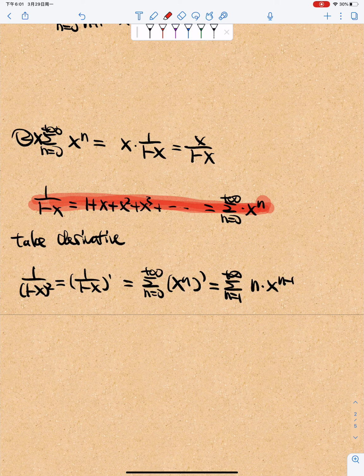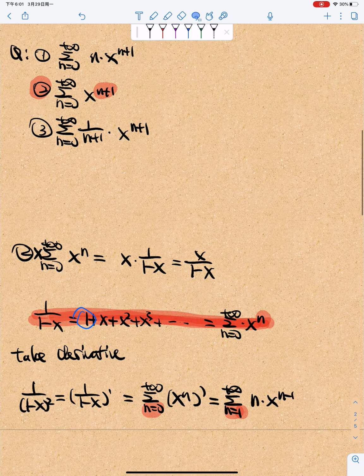Notice that I'm shifting the bottom part from n equals 0 to n equals 1. That means the first term of the power series is the term 1 here, and the derivative of a constant function is equal to 0. Therefore, the derivative starts with n equals 1.